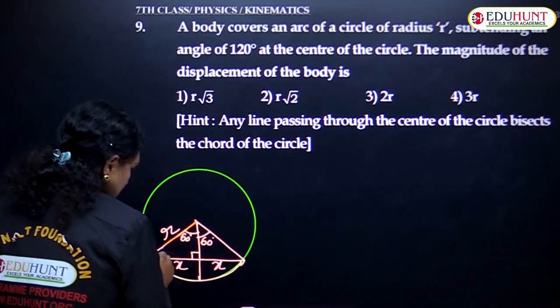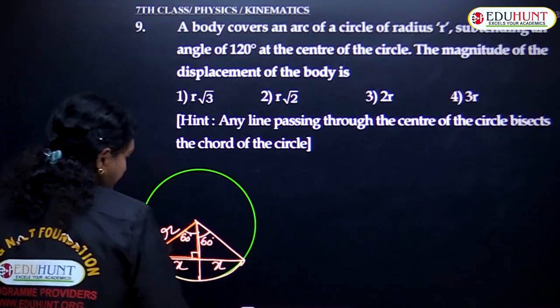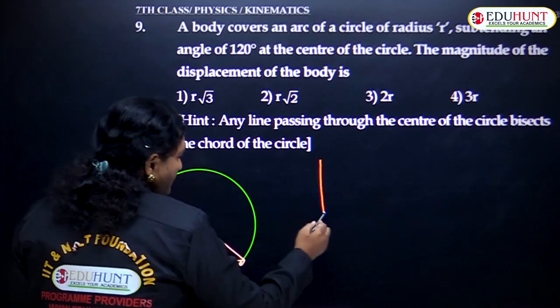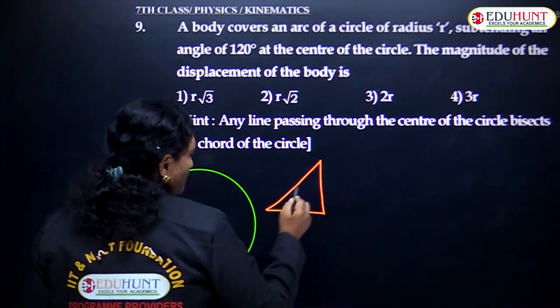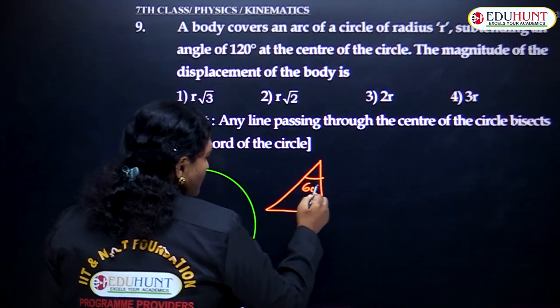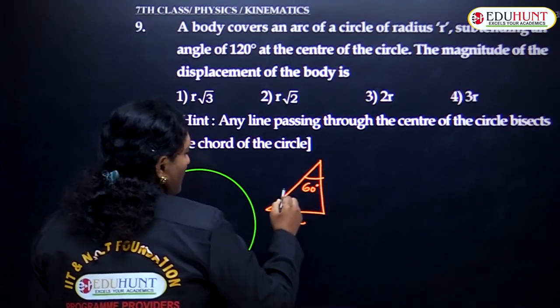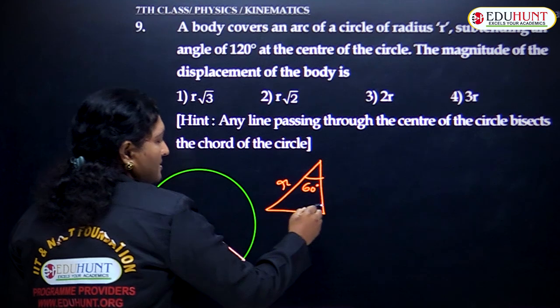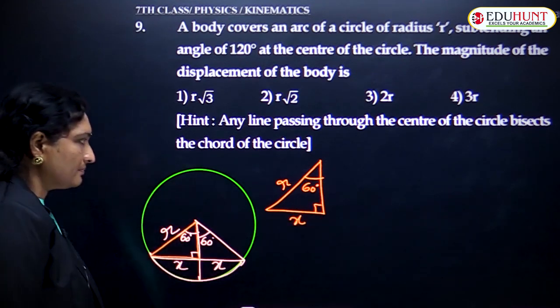Just focus on this right angle triangle. In that triangle, if you observe carefully, this value is 60 degrees, this is x and this is r.